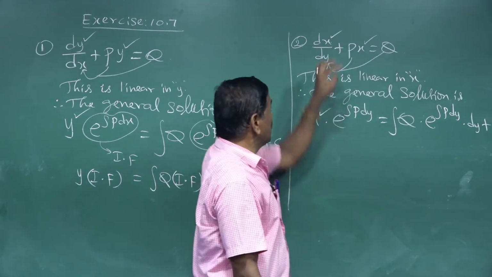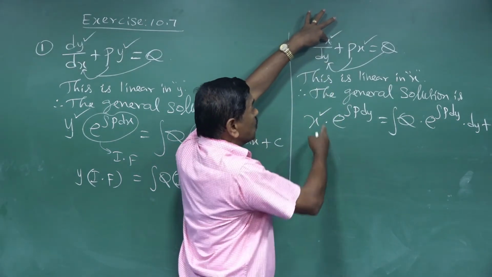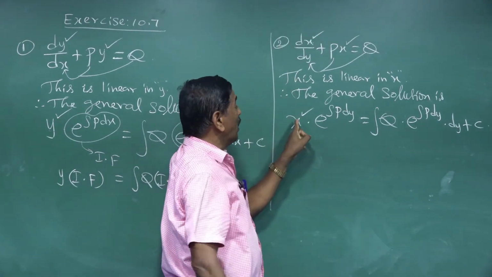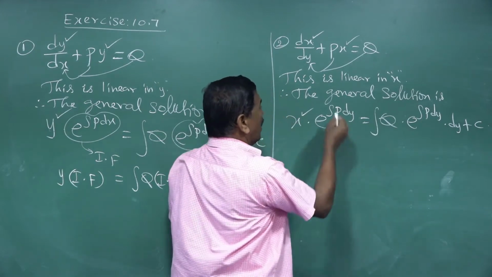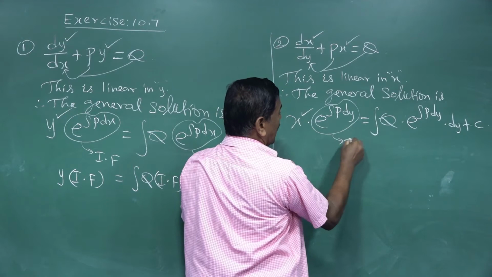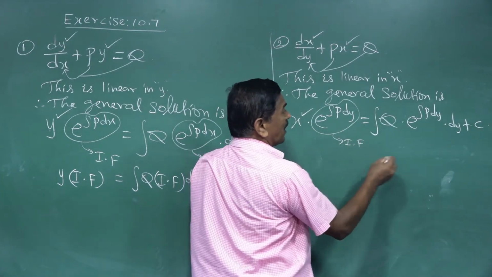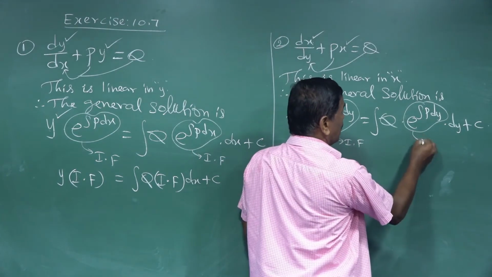That's all. Now listen, differential of x, so the general solution starts with x and the x opposite dy. That's the idea. As usual, this e power integral p dy is said to be the integrating factor.